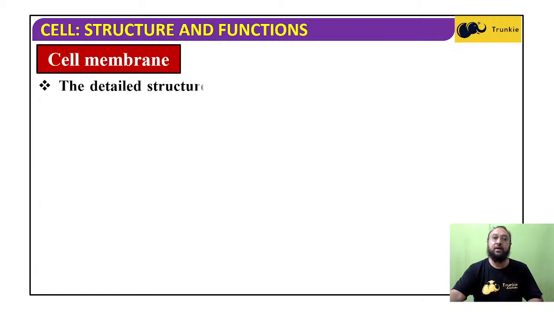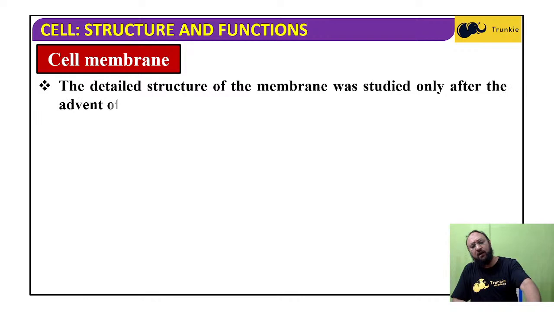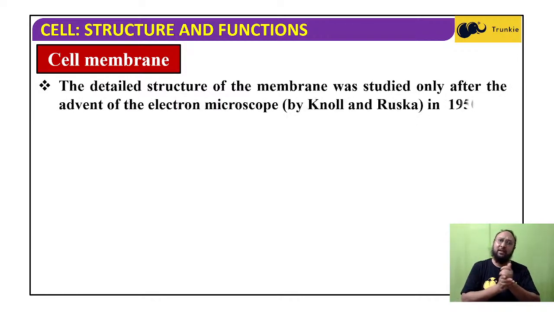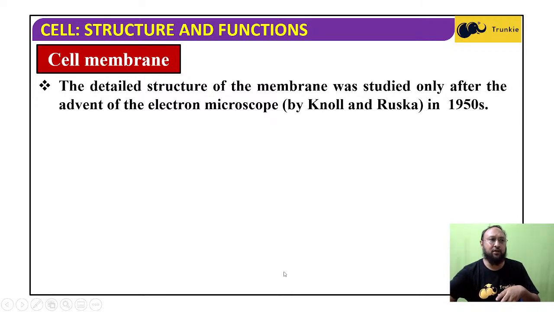Now we come to the cell membrane. There are different types of cell organelles in the eukaryotic cell. When we study the different parts of the eukaryotic cell, we see that well-defined cell organelles are present, like the Golgi complex or Golgi bodies, and the endoplasmic reticulum.